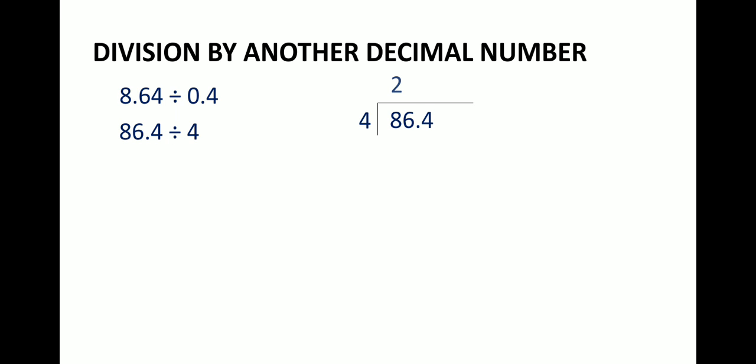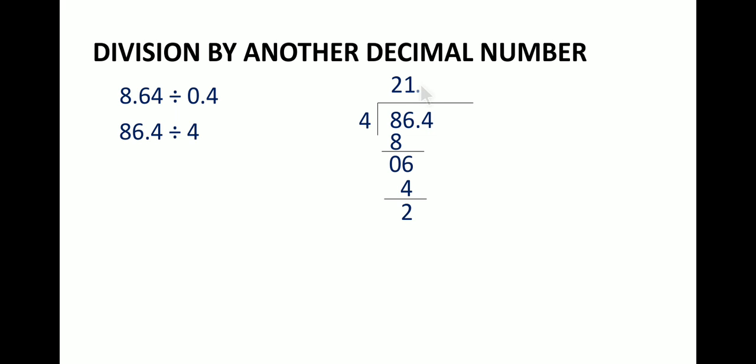So 4 times 2 gives 8, and 8 minus 8 gives 0. Now we'll bring down 6. It's before the decimal, so we can easily bring down 6. So 4 times 1 is equal to 4, and 6 minus 4 is equal to 2. Now there is a decimal point which needs to be shifted up in the quotient's place.